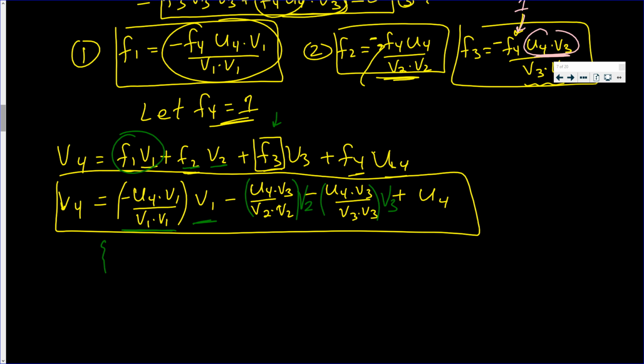So now I have that V1, V2, V3, V4 are orthogonal.